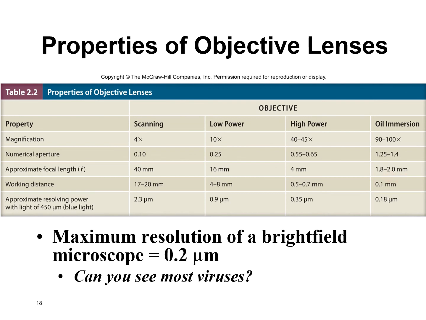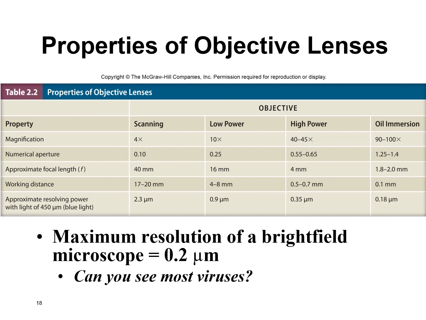And then the working distance, remember that's the distance between the lens and the microscope slide. And we all know that the higher the power on the objective lens, the closer it gets to the microscope slide. And so you can see that here, 100x is very close to the microscope slide, a very short working distance.